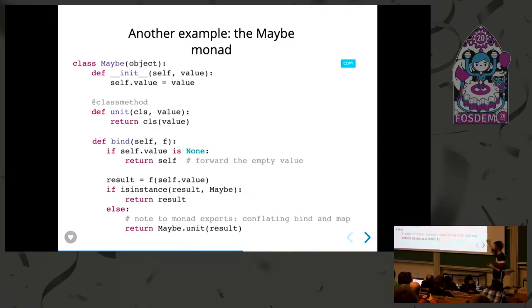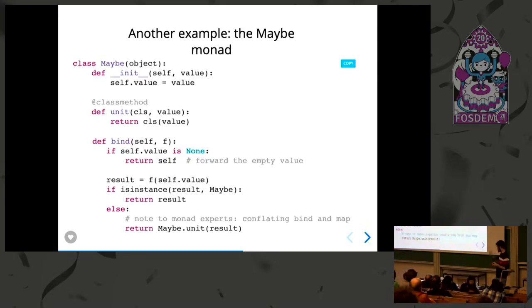If it returns a maybe value, I just return the maybe value. If it returns a plain value, I wrap it with the unit constructor. The reason I do this is to ensure that we return maybes and that we will be able to chain more binds in the computation.